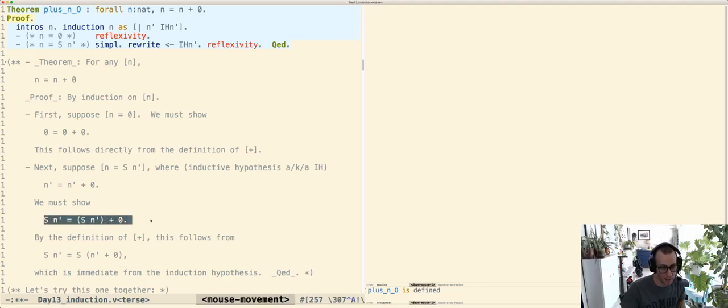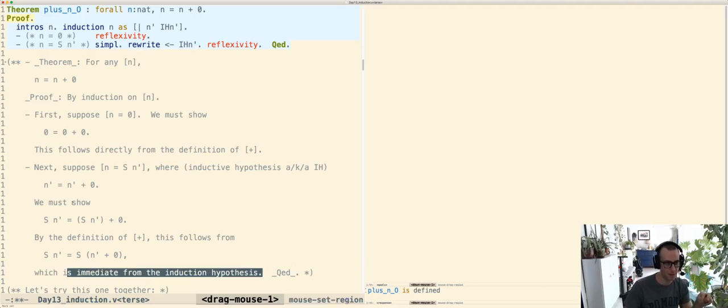We have to show that same property for s of n prime. Okay, so by the definition of plus, that's just the same as this, which is immediate from the induction hypothesis. Okay, you'll notice we did work up here, right? This rewrite, we just said it is immediate from the induction hypothesis, assuming a human reader will connect this fact and this fact appropriately.